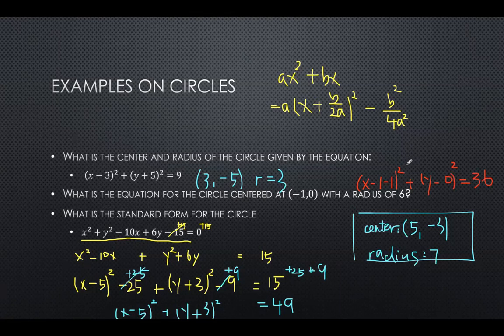Right. Simplify this, you can have x plus 1 squared plus y squared equals 36. Any questions?